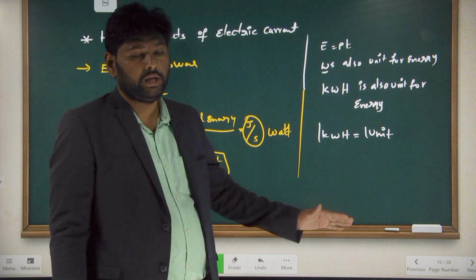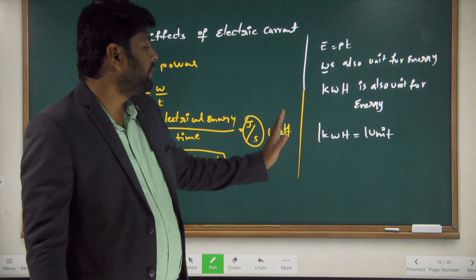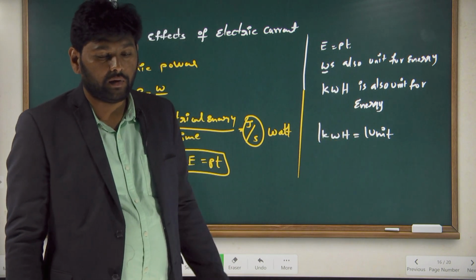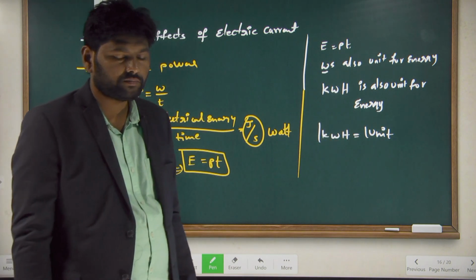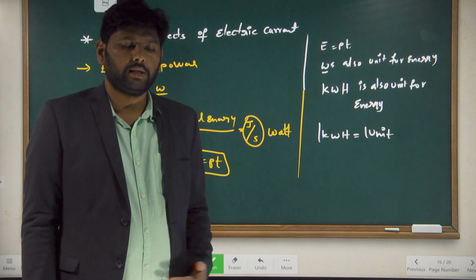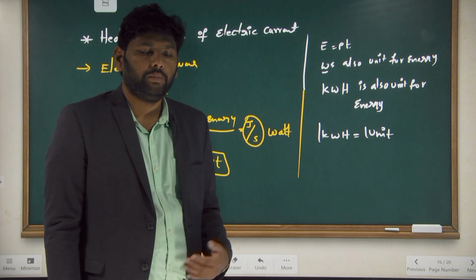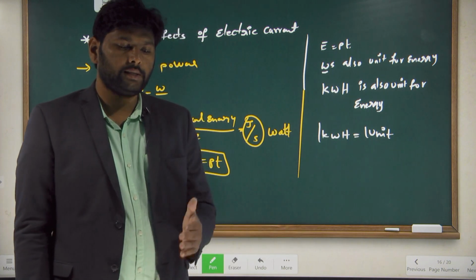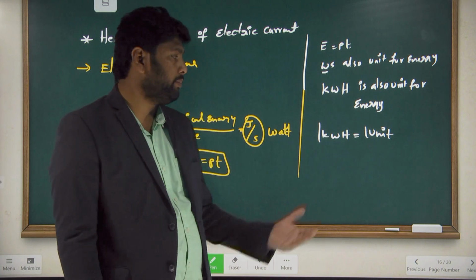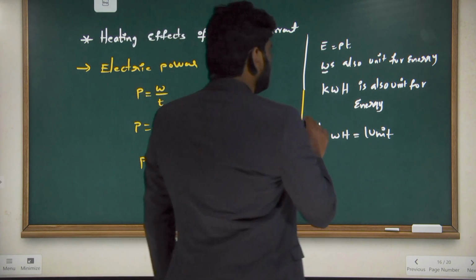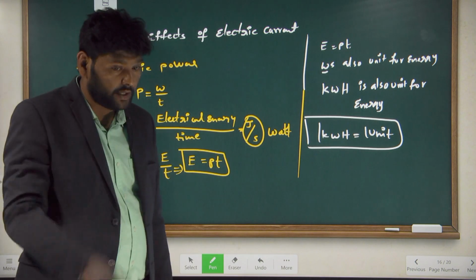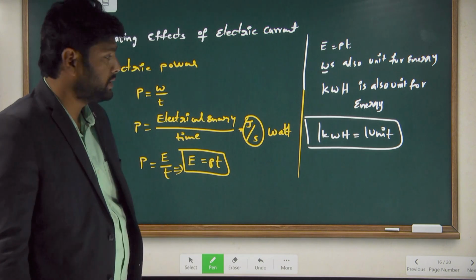So finally, what is the conclusion here? 1 kilowatt hour is a practical unit of electrical energy consumption. Joule is the SI unit of energy, but kilowatt hour is a practical unit of energy. So it is a very important point. This is what we consider as 1 unit of electricity consumption.